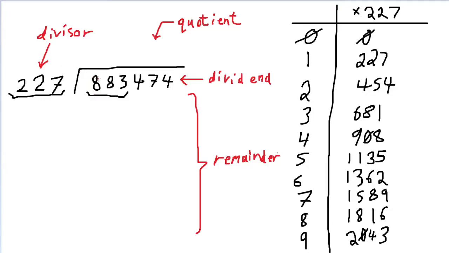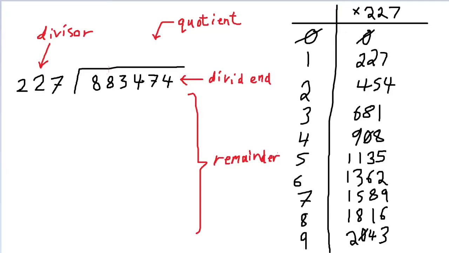So 883 are the first 3 digits of the dividend. This is the smallest number of digits that will possibly give us a quotient that isn't 0. And it's also guaranteed to give us a single digit as the quotient.